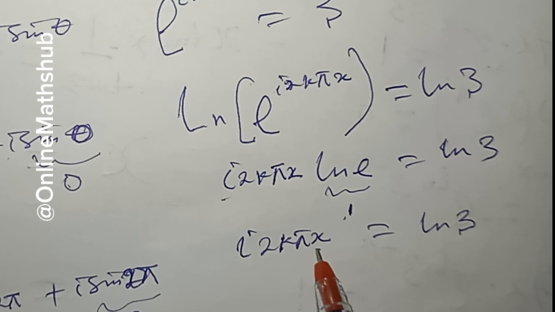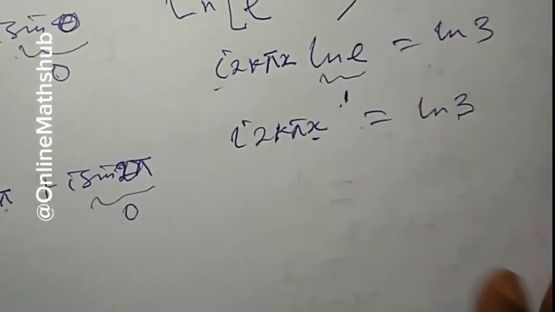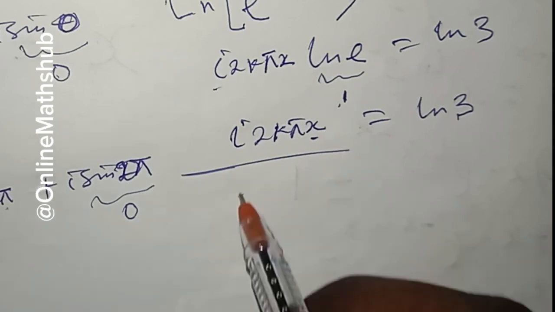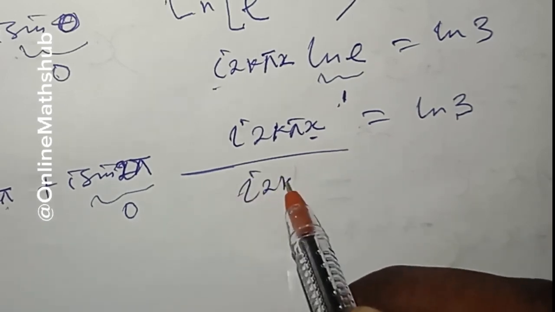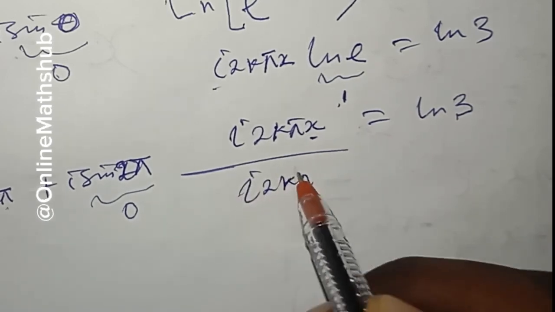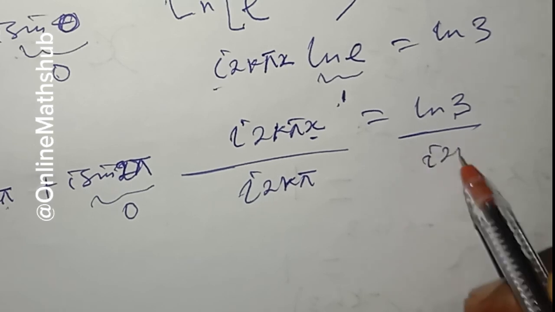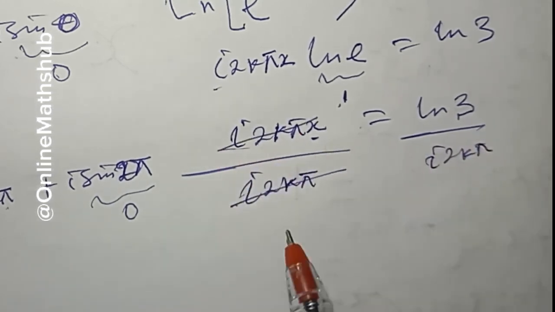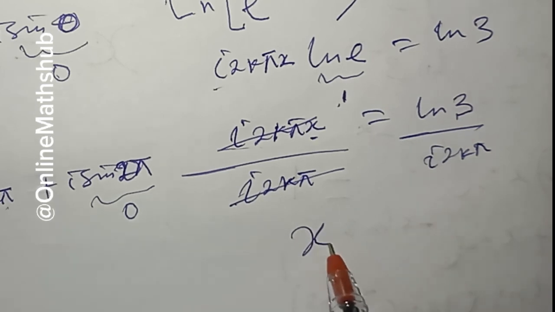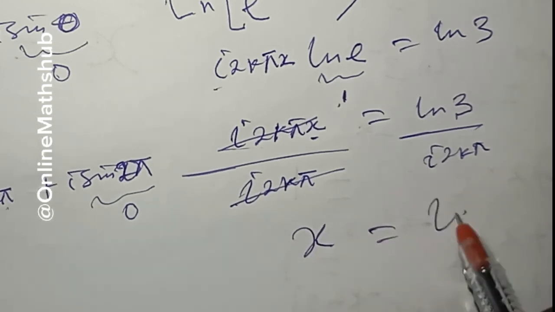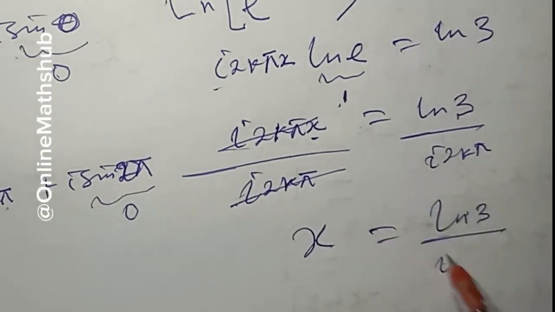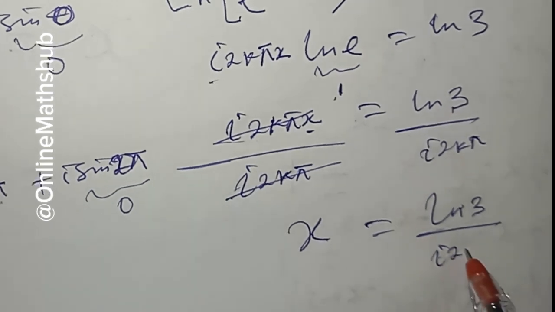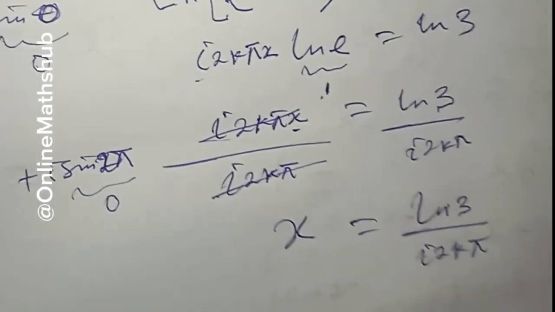Because we are looking for x, we go ahead and divide through by the coefficient of x, which is i 2k pi. So this cancels, and we are left with x equal to the natural log of 3 divided by i 2k pi.